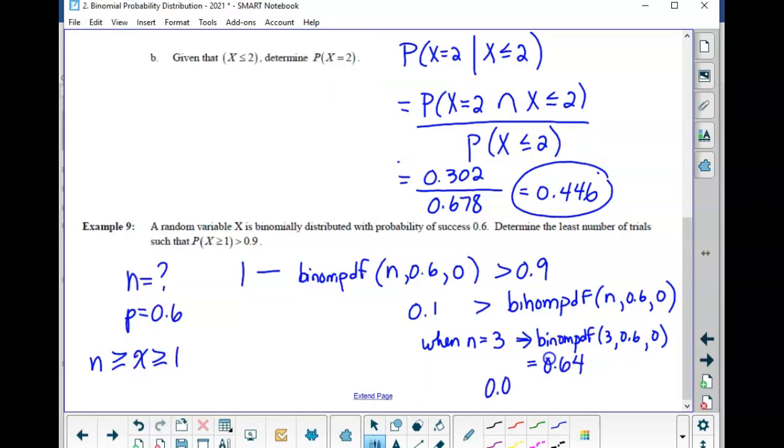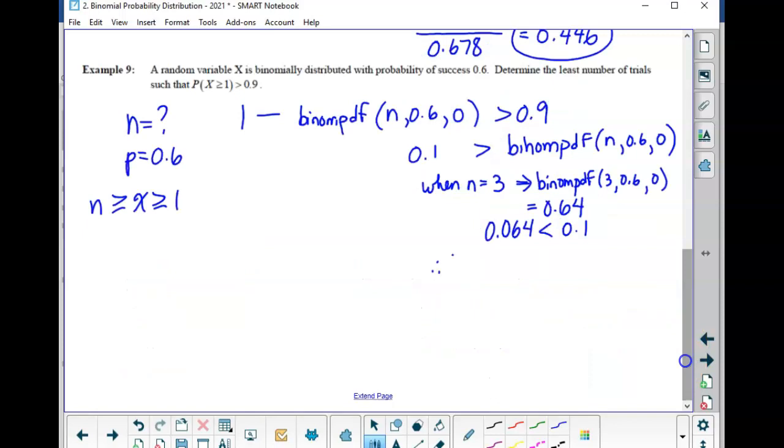Okay, 0.064 is less than 0.1, so the least number of trials is 3. That's the last question, right?